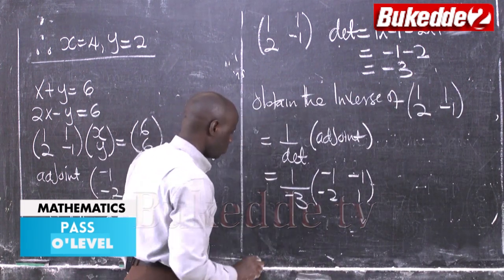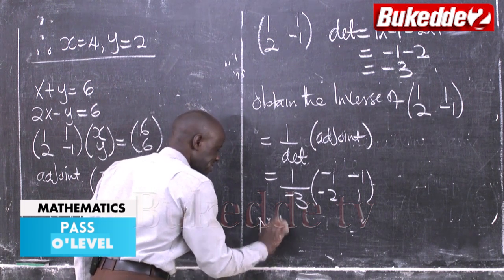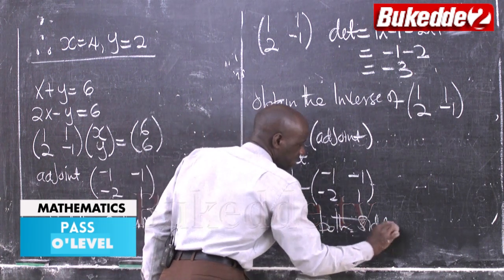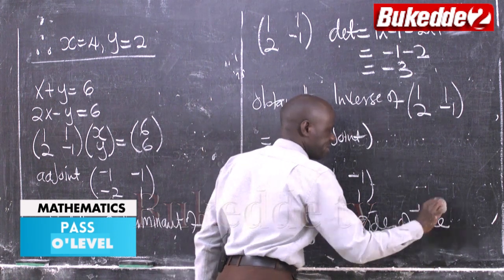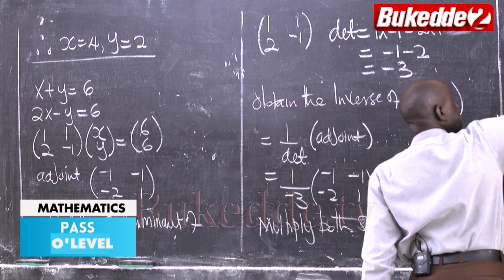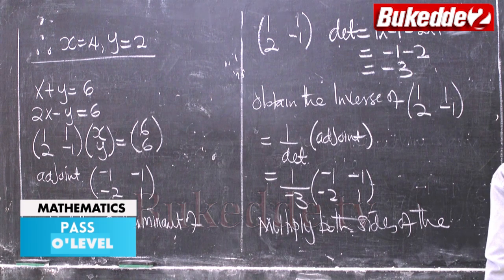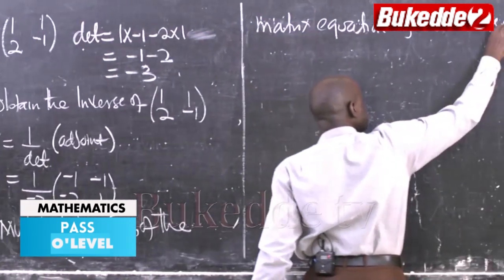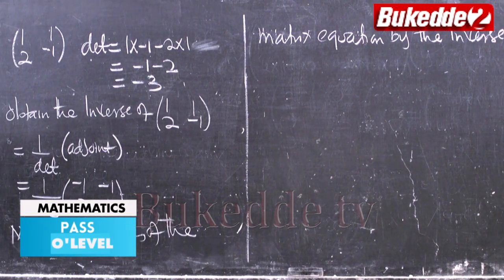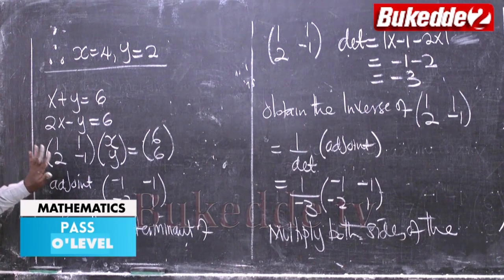After getting the inverse, we multiply both sides of the matrix equation by the inverse. Now, when you do that, on the left, we shall have an identity matrix, which is 1, 0, 0, 1.